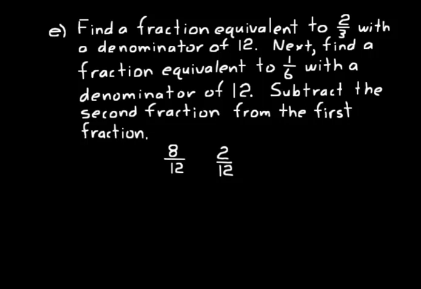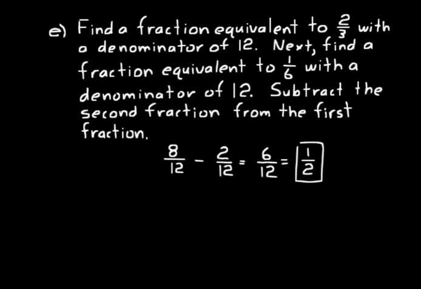And then they want us to subtract the second fraction from the first fraction. So we can put a minus sign in there, and we'll get 6 over 12. Now 6 is half of 12, right? So really, this is like writing 1/2. We could reduce that to 1/2. We'll talk about reducing fractions next.